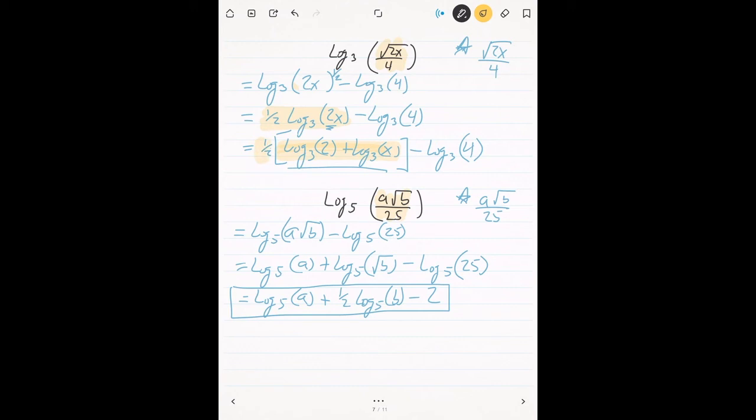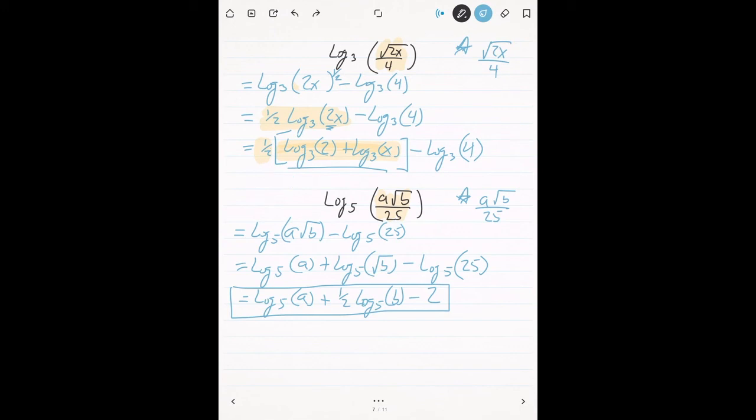So now, when I break down the log 3 of 2x, I still have to multiply that by a half. Hopefully you're seeing that the log of the 2x is this whole expression here. So that's why I have to multiply a half by this entire expression. But we can say this will be the final answer. You could distribute the half if you wanted to, or you can leave it as is.